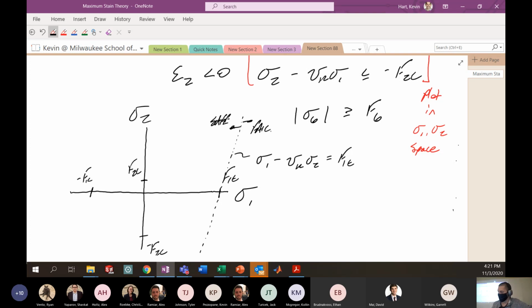Similar idea on the backside. If we're looking at F1C, I'll have a similar looking equation here: sigma 1 minus nu 1,2 sigma 2 equals negative F1C.